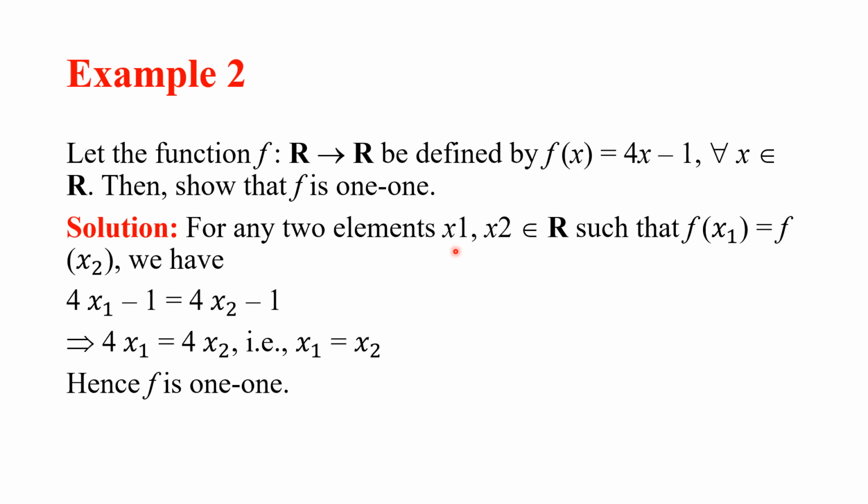So it can be x1, x2 which belongs to R, such that f(x1) = f(x2). So we have 4x1 - 1 = 4x2 - 1. Just cancelling out the 1 on both sides, you'll land up with 4x1 = 4x2, which further implies x1 = x2, which shows that f is 1 to 1.